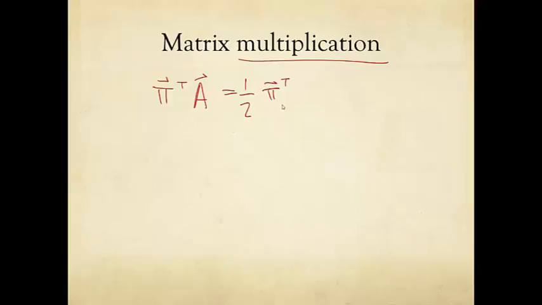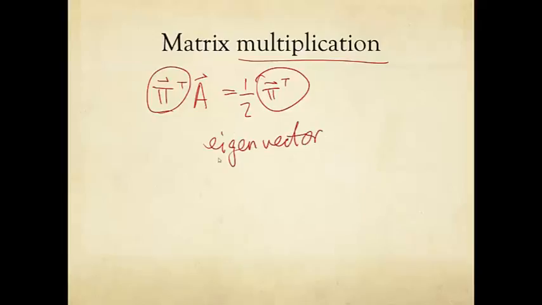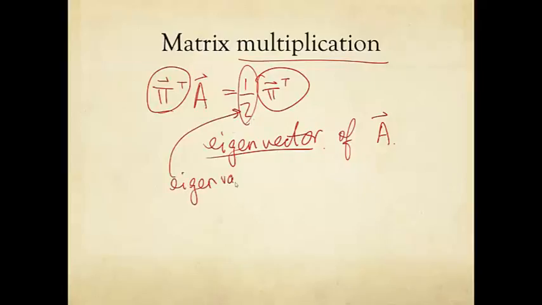Then, in that case, we say this vector, pi transpose, is an eigenvector, means that it maps back to itself corresponding to this matrix A. Okay. It might be a scaled version of itself. Every entry in the vector is scaled by some number. Okay. And this scaling factor is called the corresponding eigenvalue.